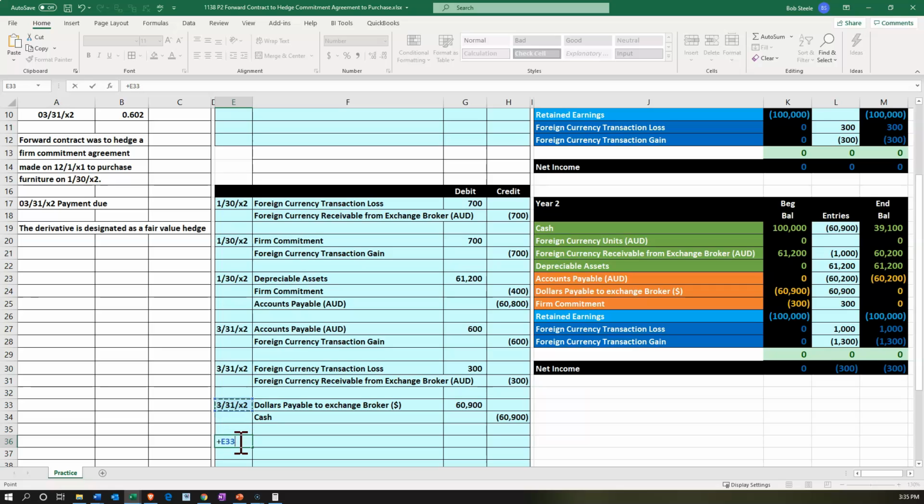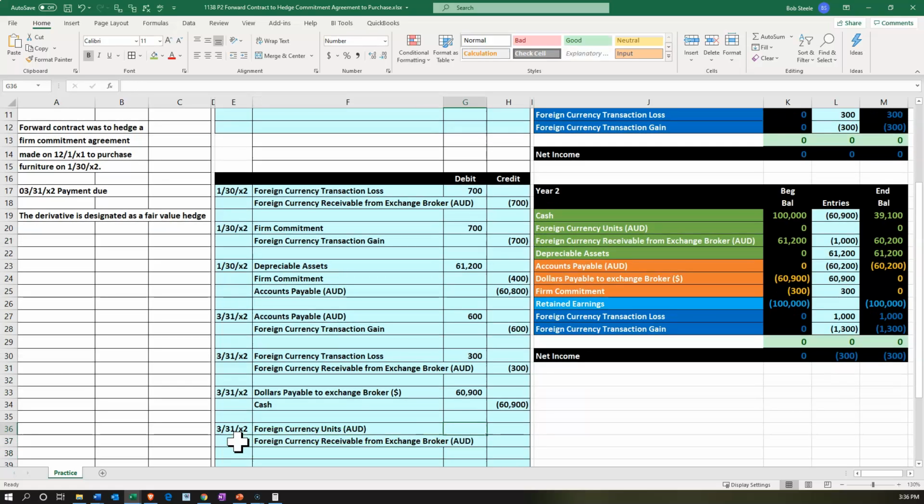So we're picking up the foreign currency units. We're holding on now to those foreign currency, but we're showing them in basically US equivalent dollars.